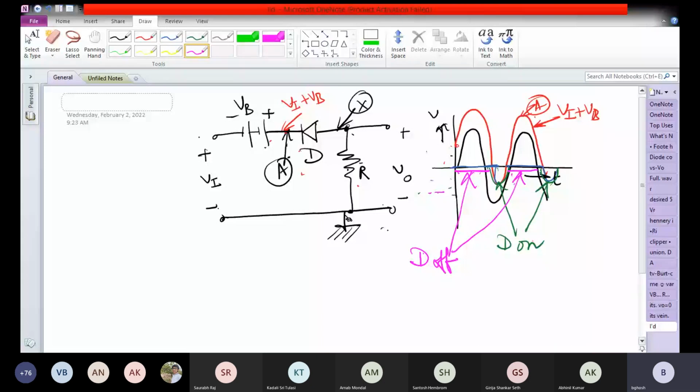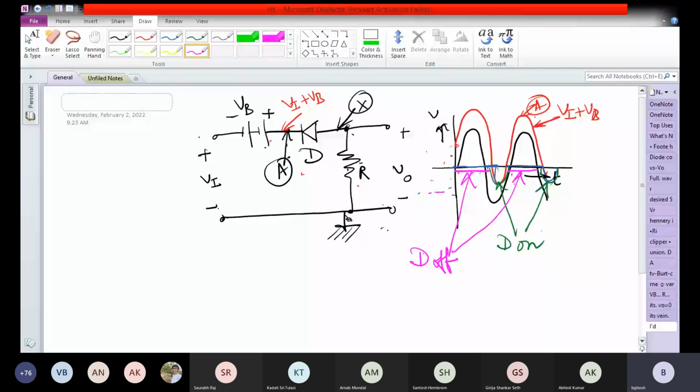When the diode becomes reverse biased, the current in the circuit becomes 0, and the potential difference across R becomes 0. The voltage at point X becomes equal to 0. Okay, so these are just examples of clipper circuits and how the clipper circuit behaves.